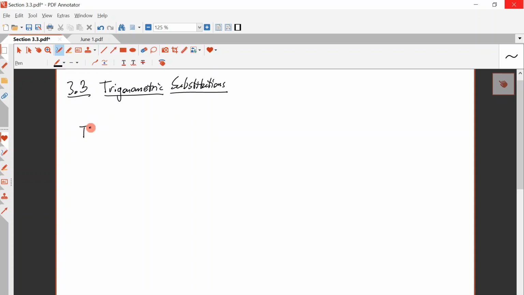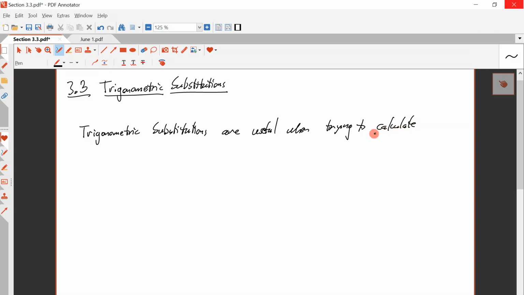And they're useful when trying to calculate antiderivatives of the form, well, not of the form, but containing the expression below in the table.